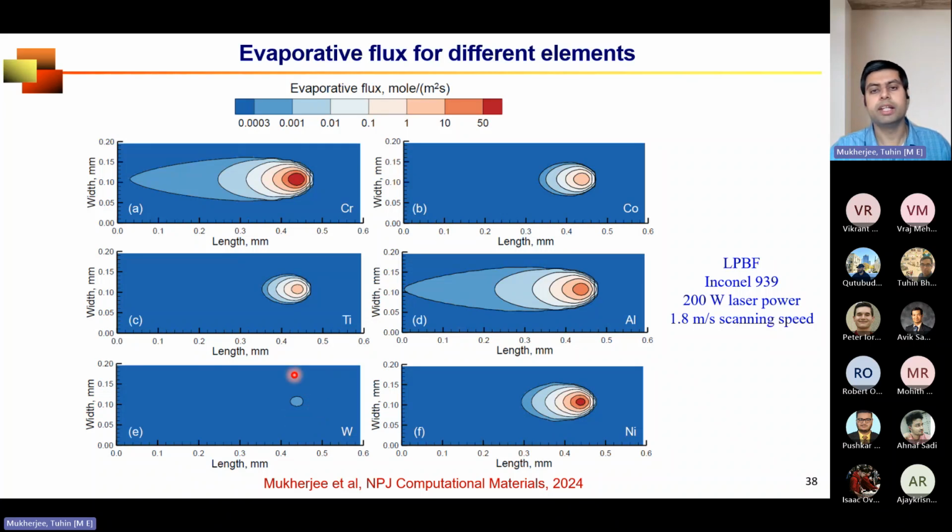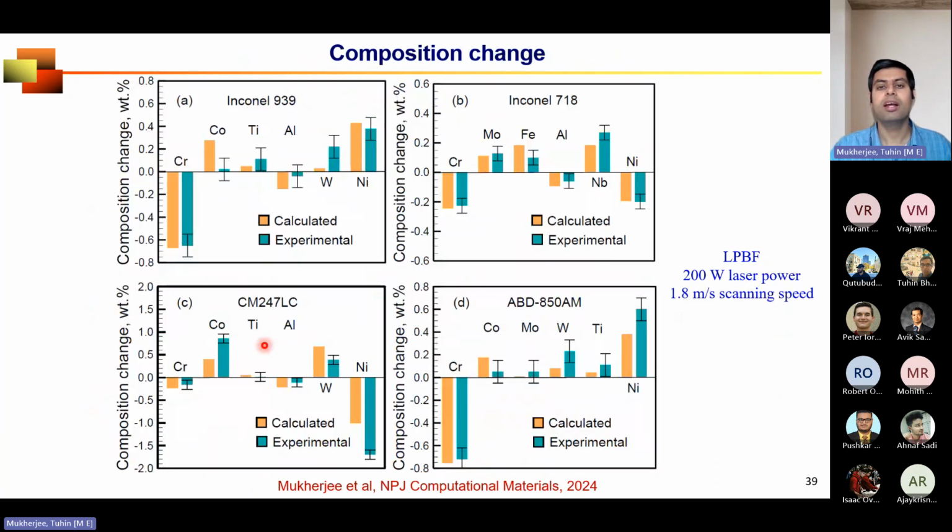You see very little change, very little evaporative flux. So during the process, some alloying elements evaporate rapidly in a high amount and some just do not want to evaporate. So at the end, because of this selective evaporation, you will get a significant change in composition.